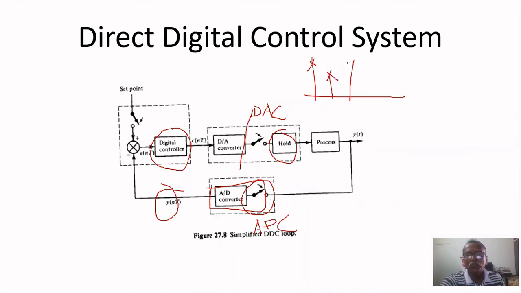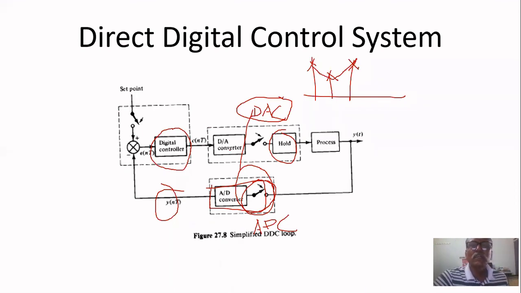Then 4.5, it will give like this. But we need a continuous signal like this. To connect these two, we need a hold circuit. So a DAC is always followed by a hold circuit, and an ADC is always preceded by a sampler. This is very important.